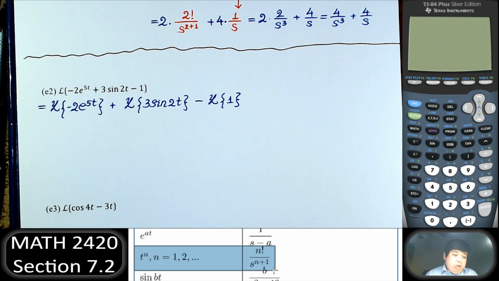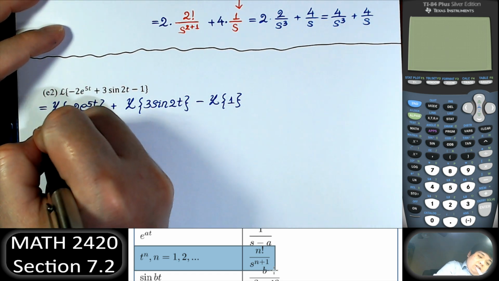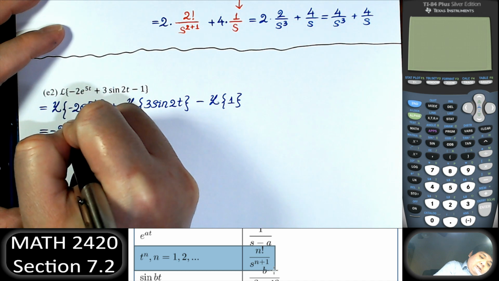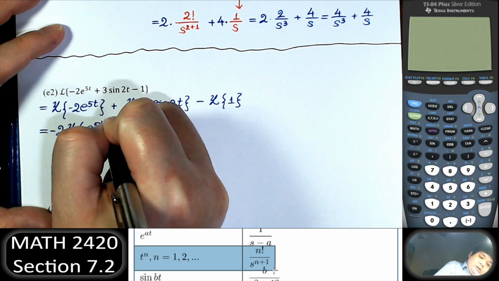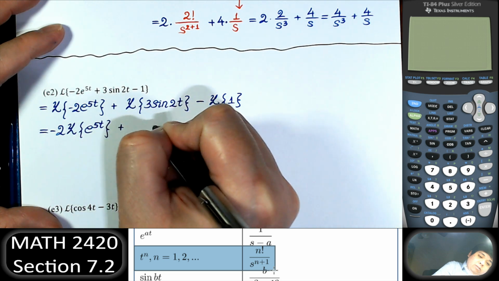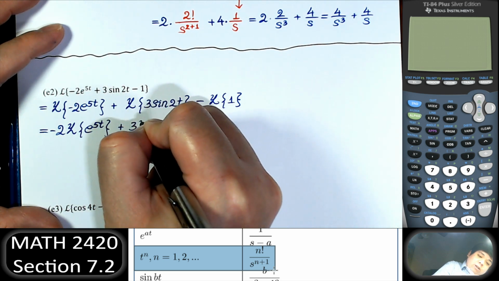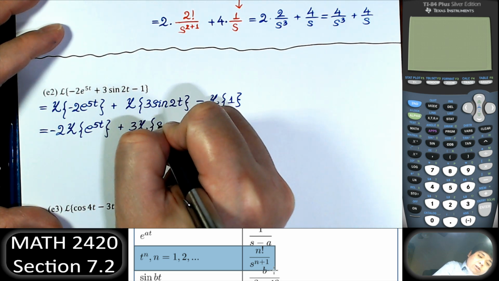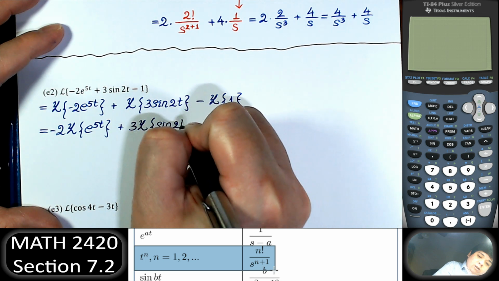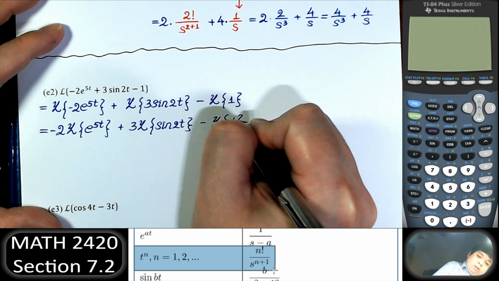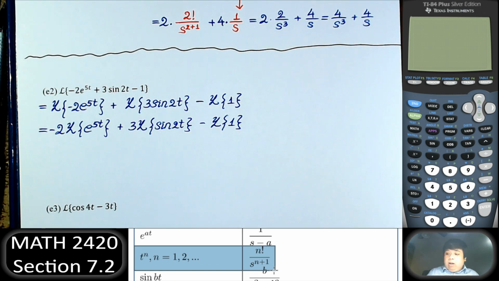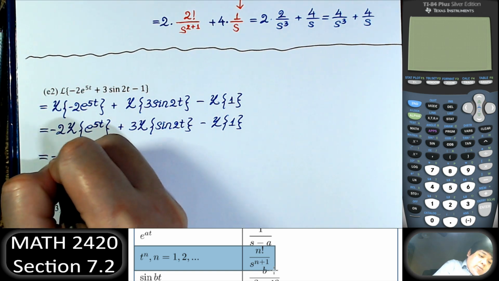Now, when we split, take out a constant, the 3. Right. One by one, let's find the Laplace transform.